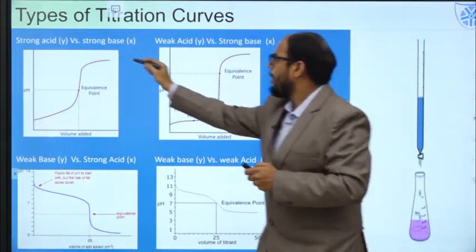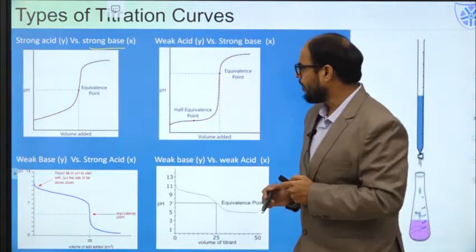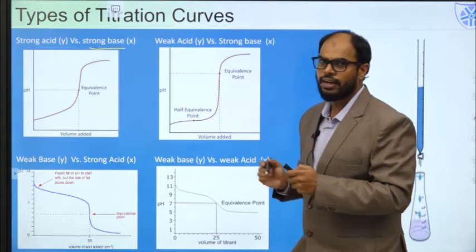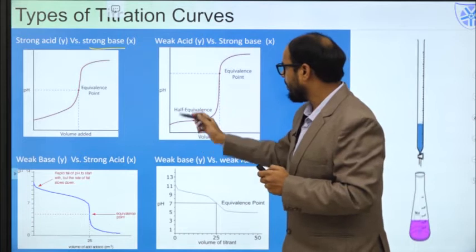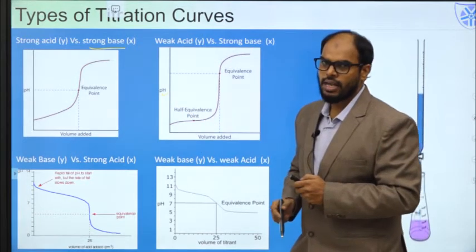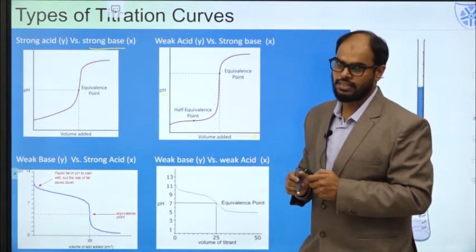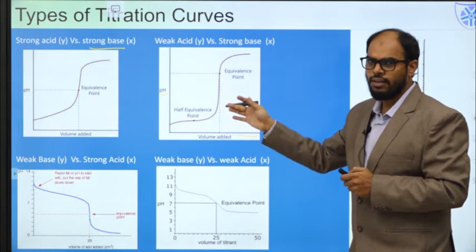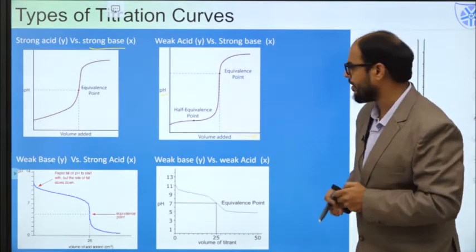Based on the base and the acid, we are going to get different kinds of titration curves, where we plot a graph between pH on the y-axis and the volume of the titrant added on the x-axis. Let us try to understand how we obtain these titration curves using different acid base titrations.